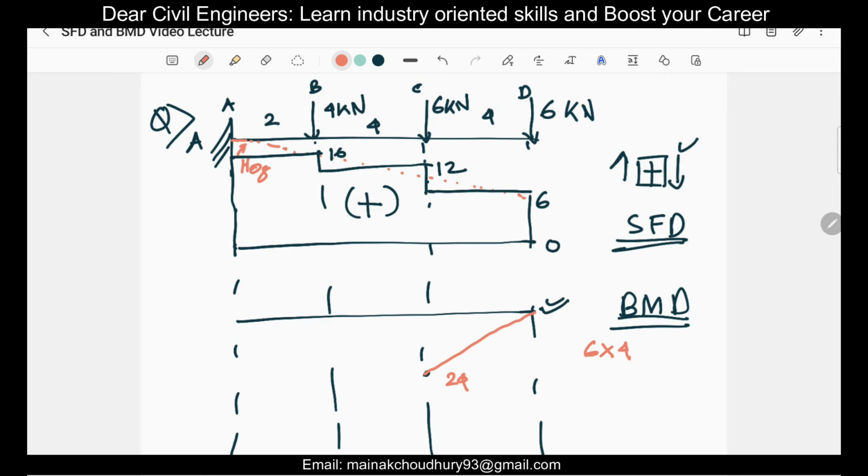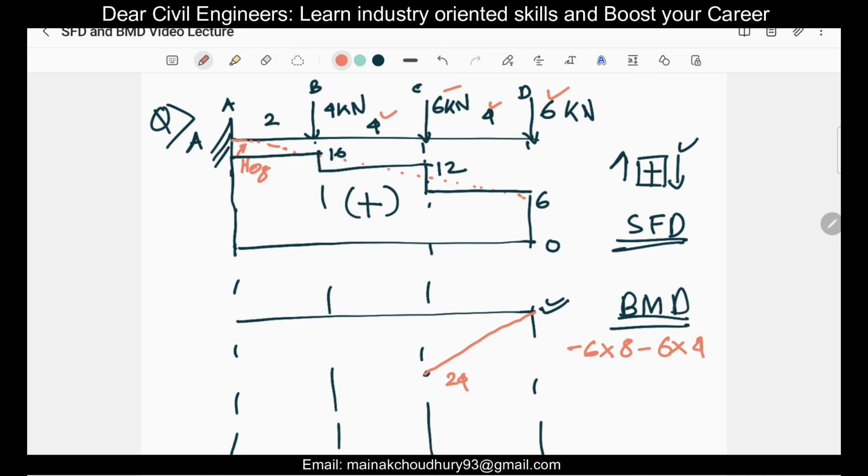Then let's find out at point B. At B, this particular force of 6 will be at a distance of 4 plus 4, 8. So it will be minus 6 into 8, and for this other force, minus 6 into 4 is added.